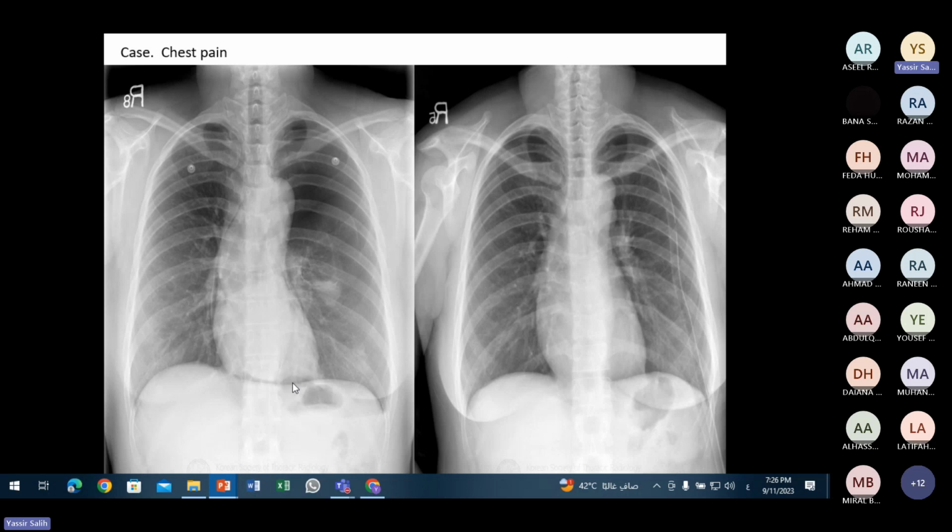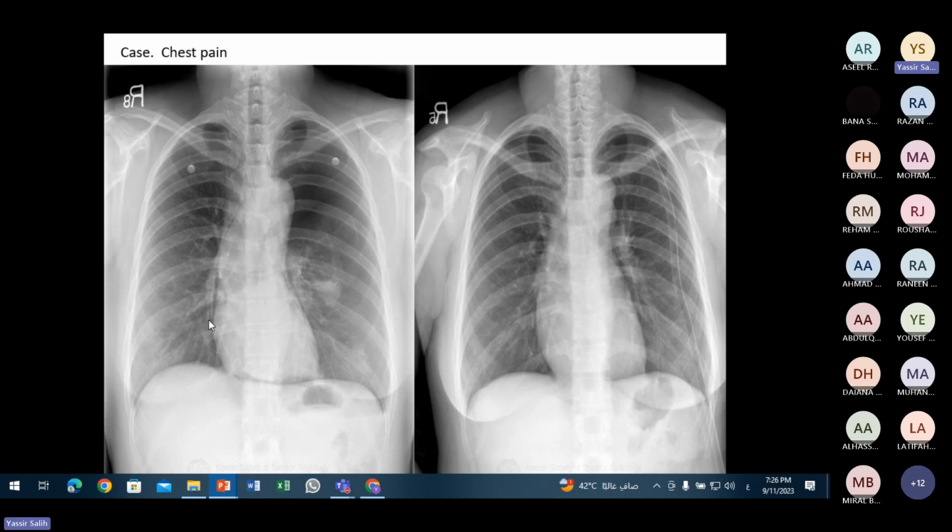Where is this air? The pleural cavity, around the heart. You can follow this air. There is air around the heart here. Notice there is a line here, all of this is air. This is also air, and there is air here.